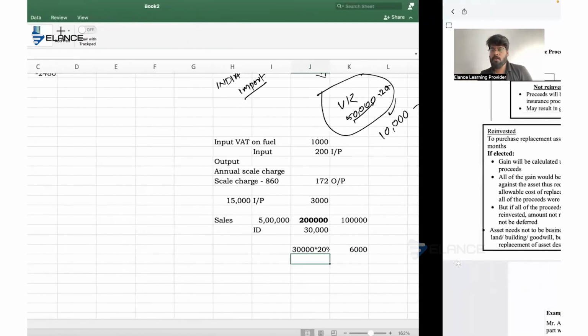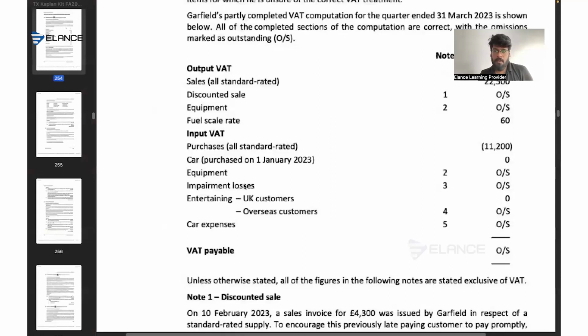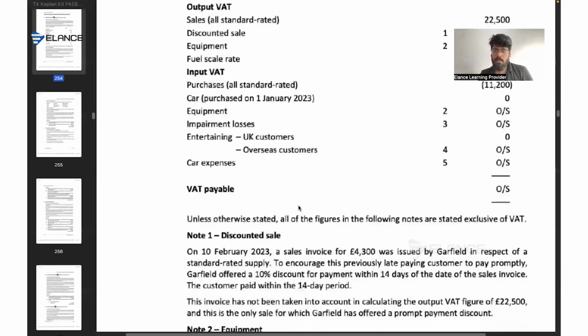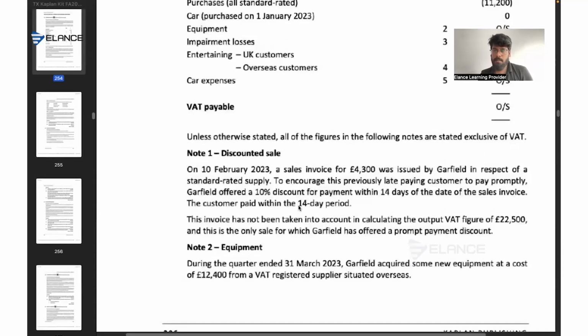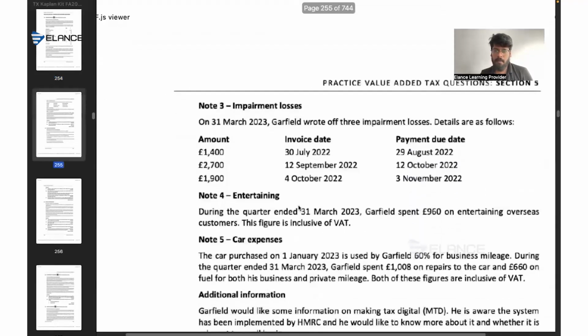So here there is a note related to the impairment loss under the 3. Look at the note. Our quarter end is 31st March 2023. The first impairment loss is 1,400. The due date is 29th August 2022.